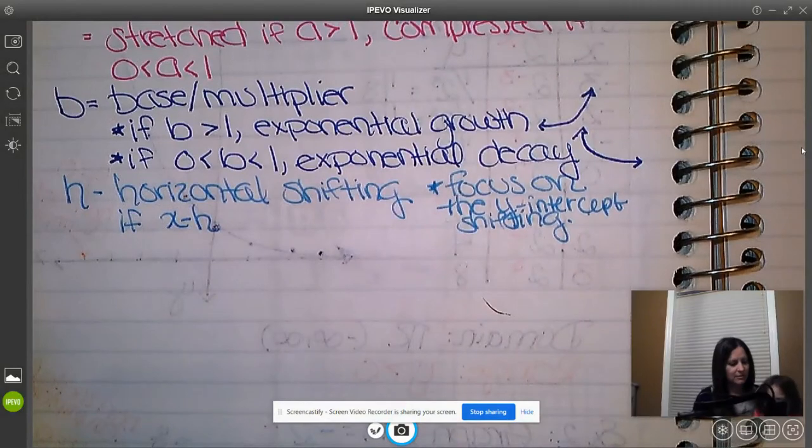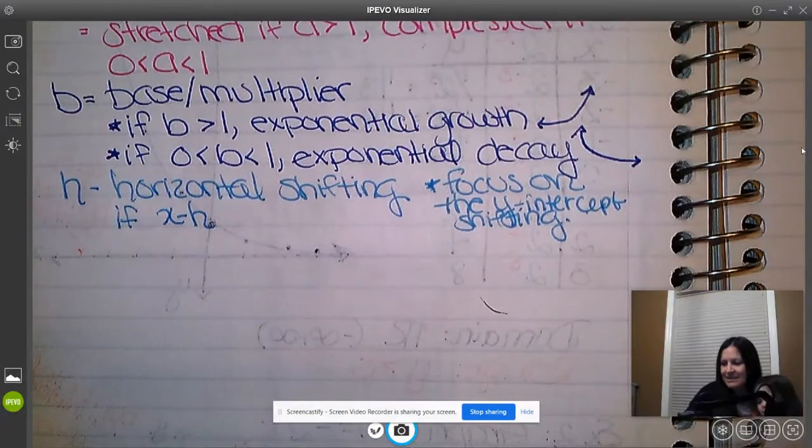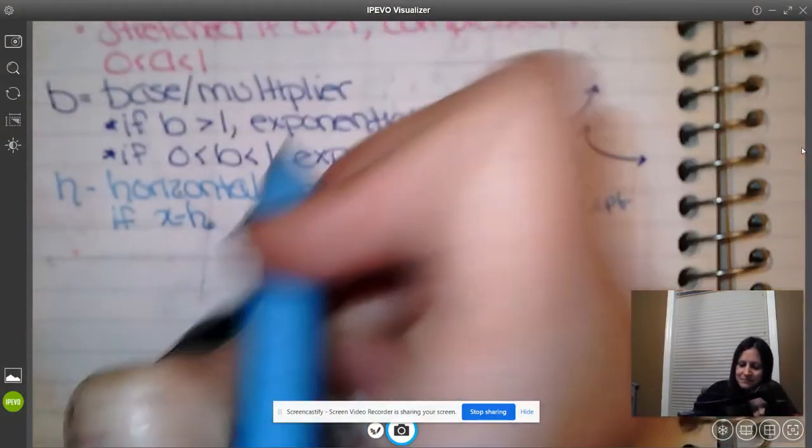If we have x minus h, that is a shift to the right.